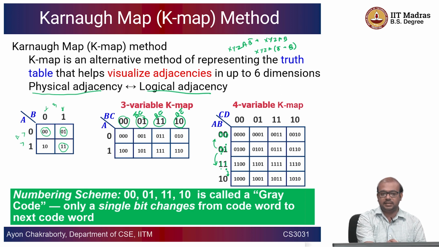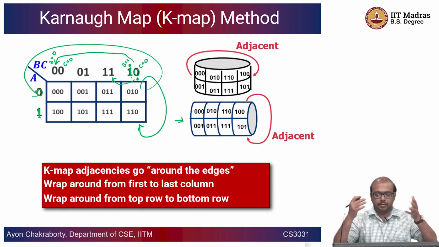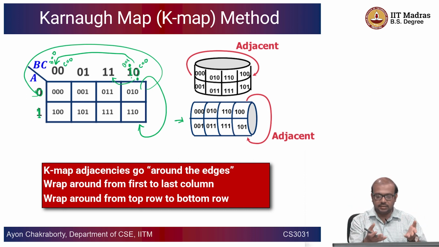One is physical adjacency, the next one is adjacency in the wraparound sense. So, if you take this transformed truth table, typically called the K-map, and wrap it around both horizontally and vertically, whatever terms are going to be adjacent to each other could also be grouped together to apply the uniting theorem. So, wrap around from the first to the last column and wrap around from the top row to the bottom row.